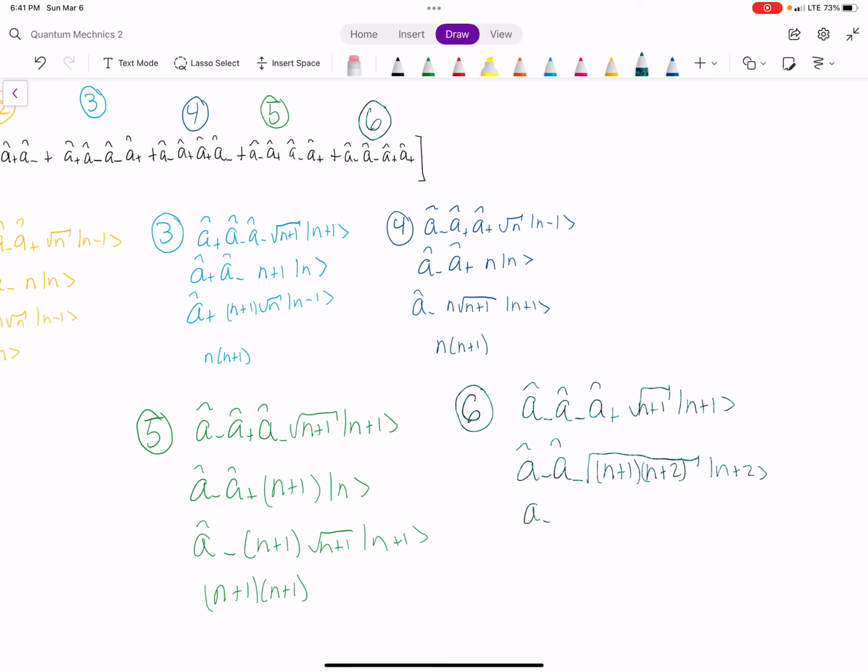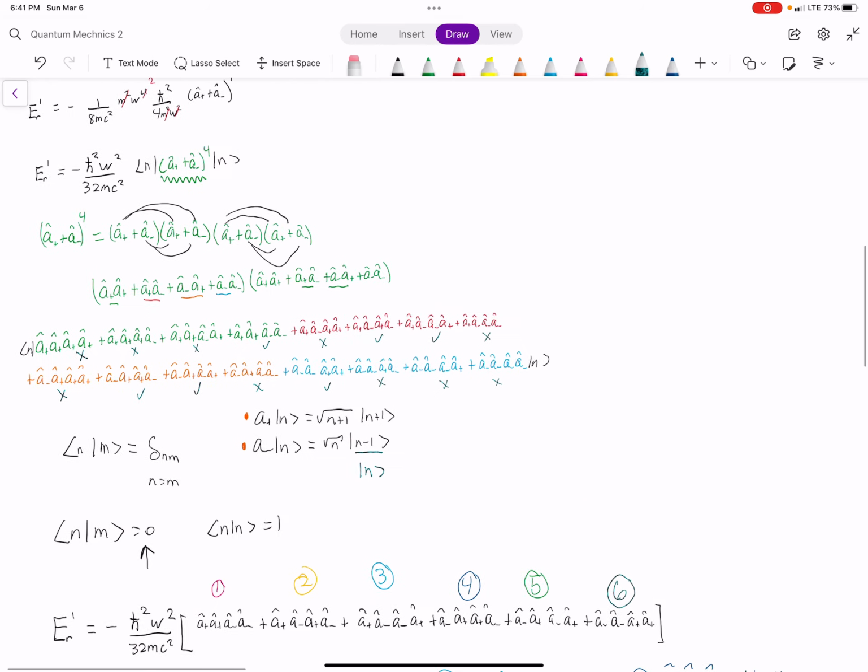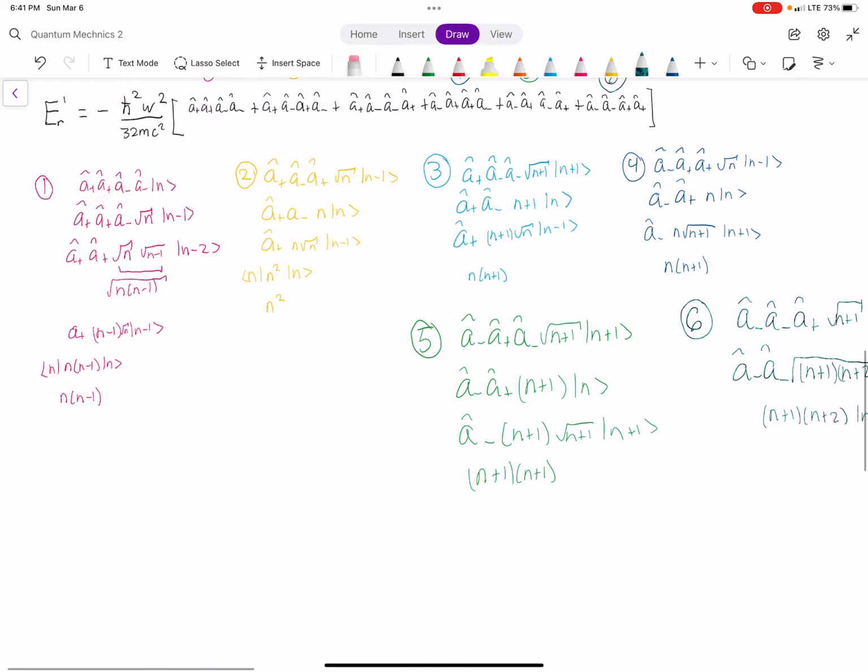And then when we lower down these two, you're just going to get n plus 1, n plus 2, state n. Okay, so hopefully that makes sense. It's really just going through the eigen equation here. And now what we can do is substitute this back into our energy equation.